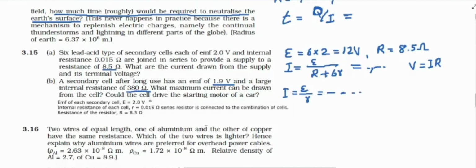Then could the cell drive the starting motor of a car? So there you have to see. When you take the case of the car, a car battery is a bulky acid battery, and its voltage will be 6 volt, 9 volt, like that. Such small dry cells are also available in the market. Then why can't we use a small dry cell of 9 volt to start the car?